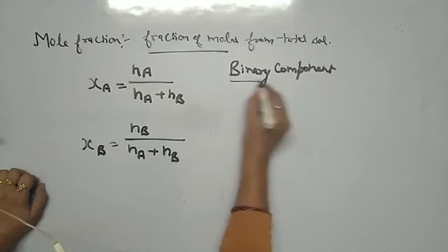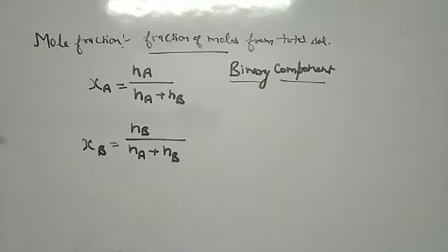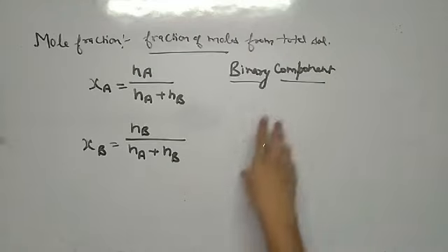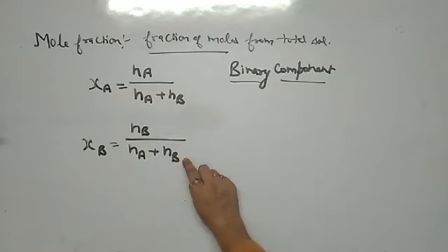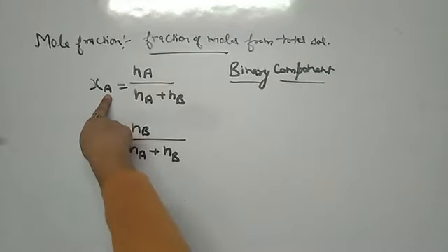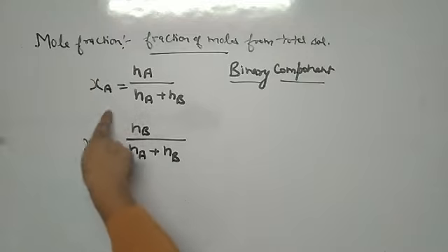We may take the example of a solution which contains one solute and one solvent. Is it clear? So it may contain only two kinds of components, binary, and those components are A and B. Here we use A for the solute for the mole fraction.